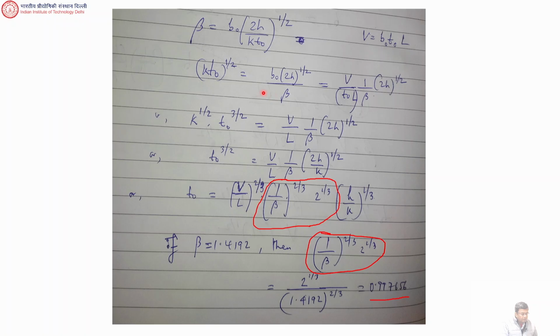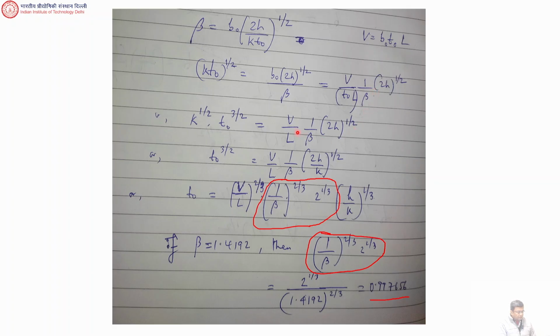Instead of B naught here, we bring in V, where V is B naught T naught L, because this is the optimized value. And so we have T naught here, and other things on the right hand side.